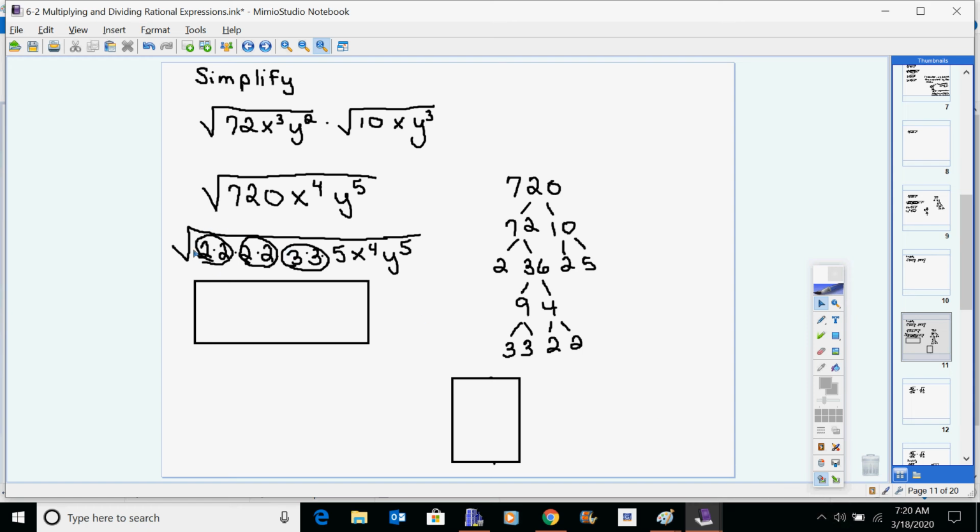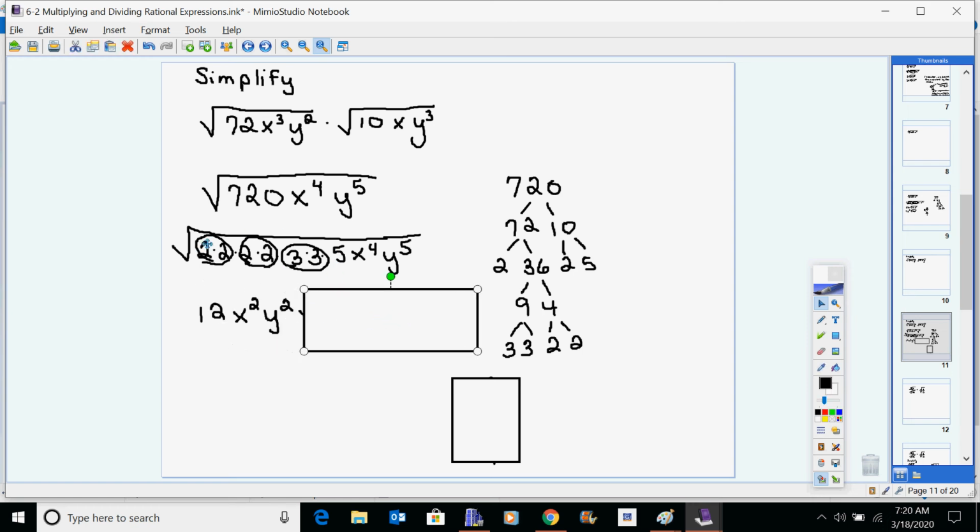So you're looking for pairs once again, a pair of 2's, a pair of 2's, a pair of 3's. And so 2 times 2 is 4, times 3 is 12. Each one of them came out. I did take the liberty of simplifying as they were brought out this time.